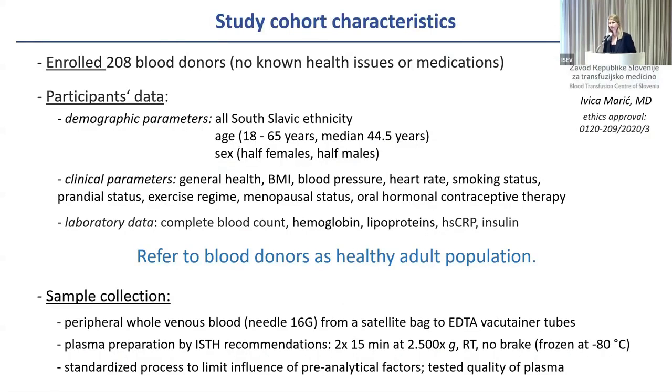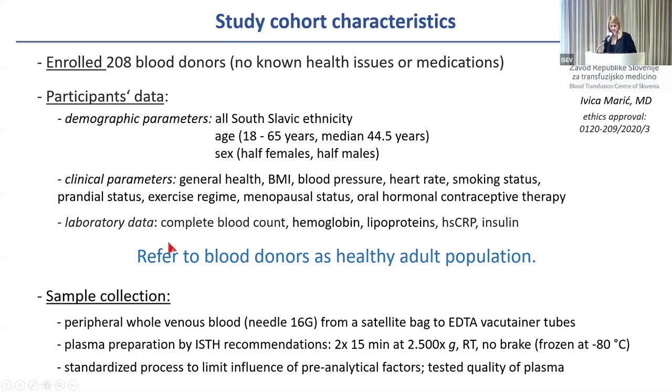I will briefly introduce the cohort characteristics. We enrolled 208 blood donors with no known health issues, disease or infections, and they didn't take any medication. Even those who only took hormonal therapy were excluded from the cohort.